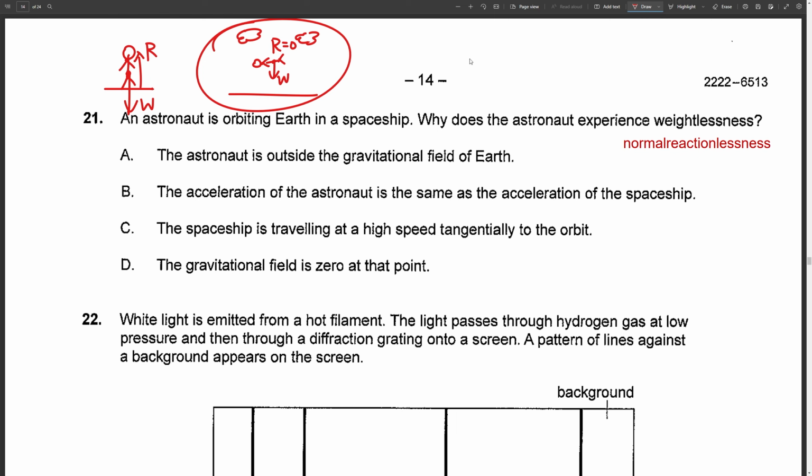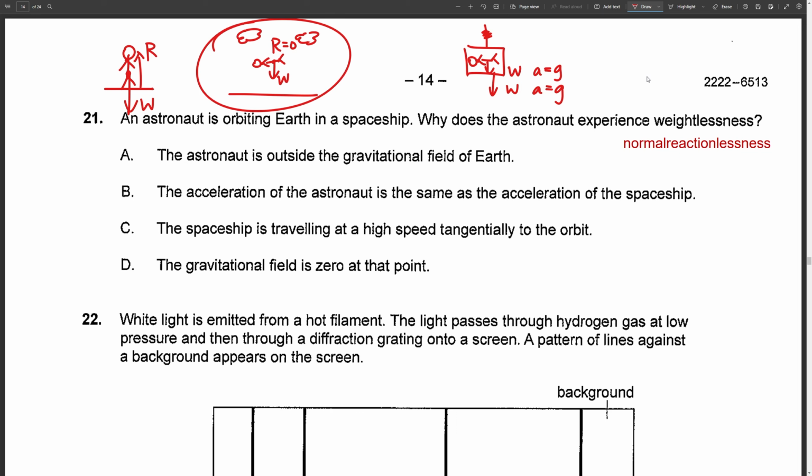What if you are in an elevator and the cable of the elevator is snapped? Then the cage and your body are both falling under their own weights. Which means no matter the passenger or the cage of the lift, they are both accelerating under the free fall of gravitational acceleration. And this is causing you no normal reaction. Once again, it is weightlessness.